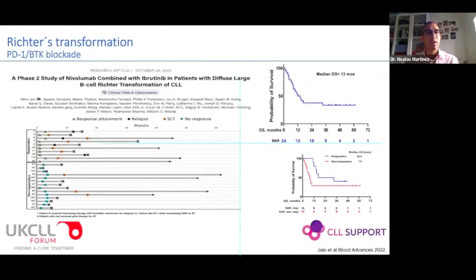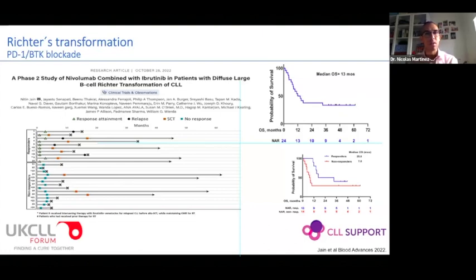But there have been some recent studies of combination PD-1 blockade and BTK inhibitors, which seem to have a reasonable outcome. If you think about an unfit patient in their 70s who cannot have anthracycline, this is a very low side effect burden, so it's potentially a good option.